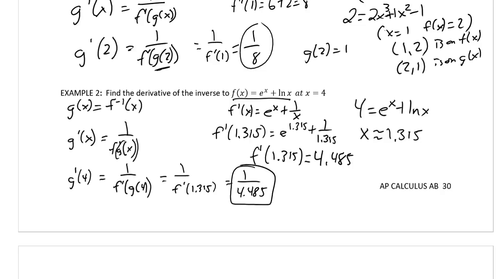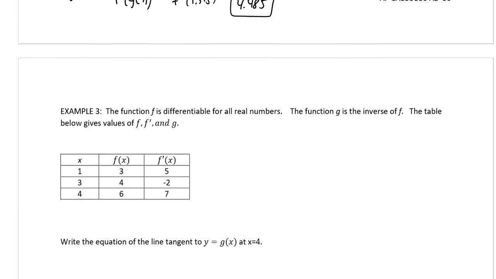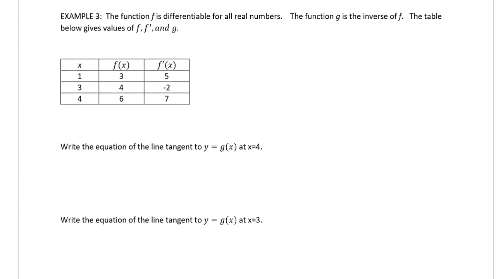Third example. The function f is differentiable for all real numbers. The function g is the inverse of f. The table below gives values of f prime, and not g. So write the equation of the line tangent to y equals g of x at x equals 4.